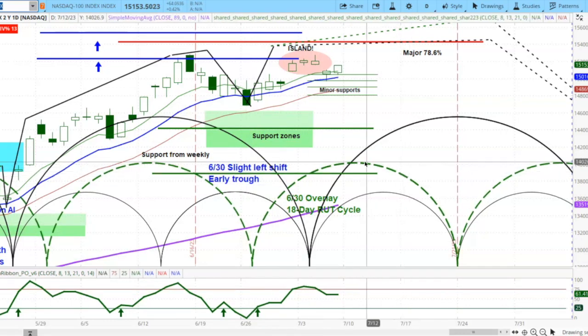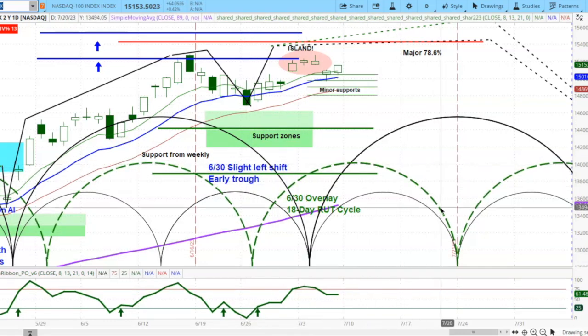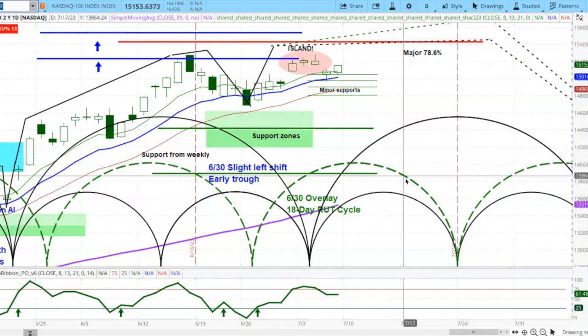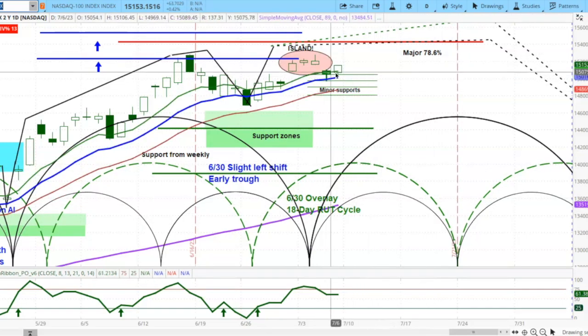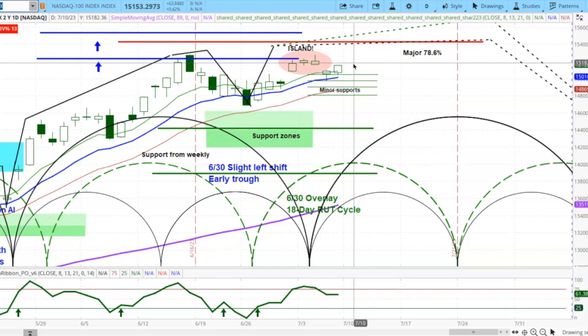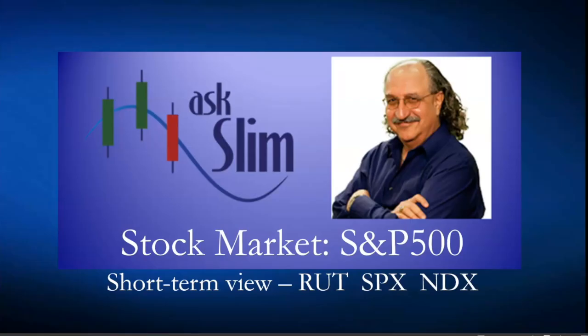And here's where that next period of pressure could come in the Russell right over here. So we're watching that. This is an important period out over here. Will it be able to storm on the upside and give you some very big upside moves? Or will this fail and this island prove to be accurate and then move down again? That really sums it all up when you look at that.